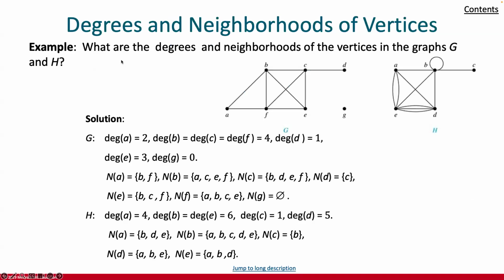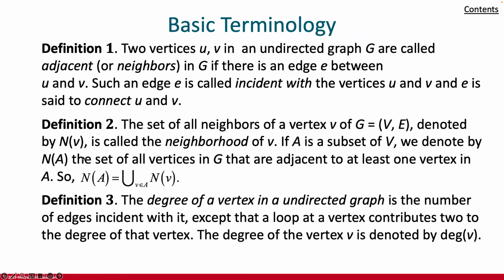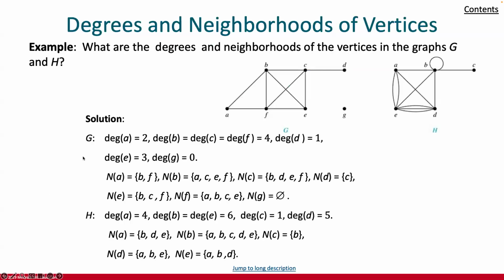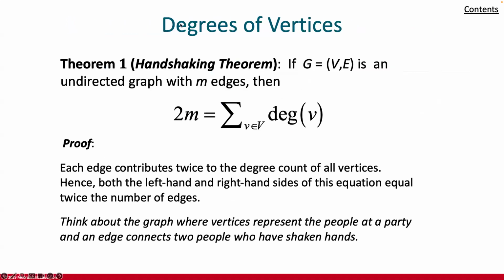Here's an example. What are the degrees and neighborhoods of the vertices in the graphs G and H? You can walk through this solution, and we introduce this notation in this last chart, and you can go back and forth between these if you like, just to track what we have here. We also have degrees of vertices. This theorem is called the handshaking theorem.